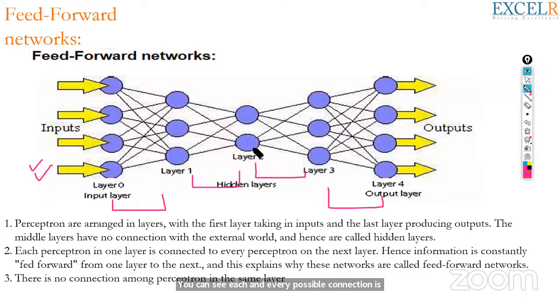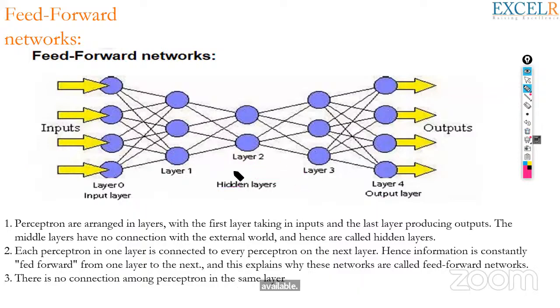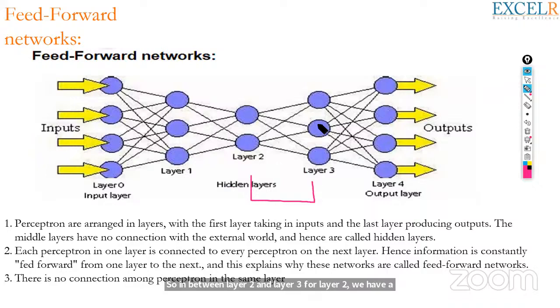If I talk about between layer two and layer three, for layer two we have these two nodes, and for layer three we have three nodes. So what are all the possible connections between these two layers? This node is connected to this node and this node. And this node is also connected to this node and this node.